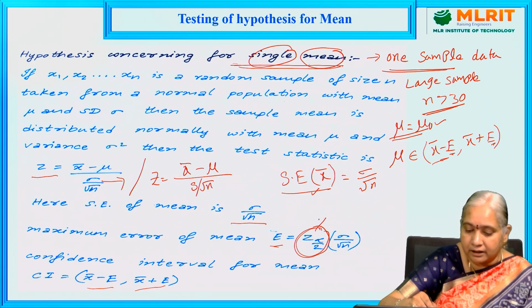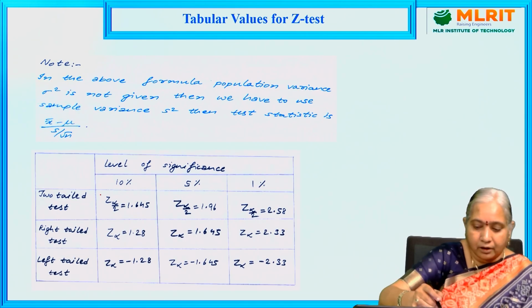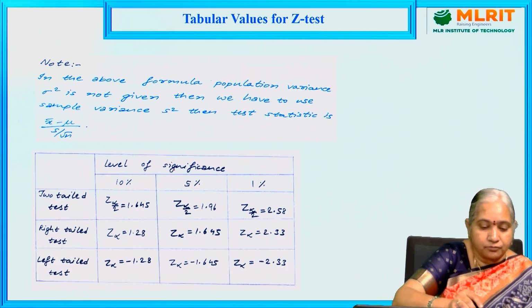These are the tabular values for Z: for 10% two-tailed test, for 5% two-tailed test, and 1% two-tailed test.